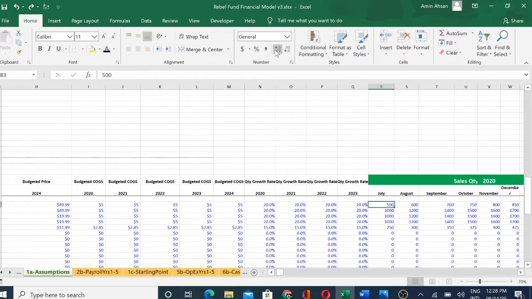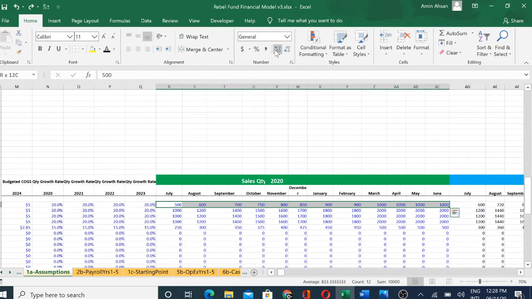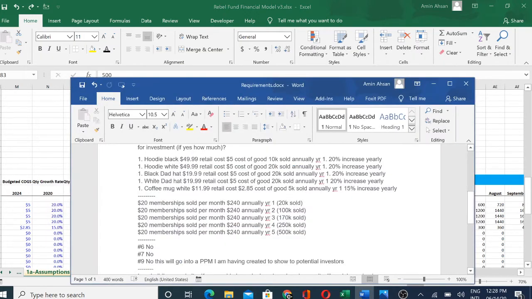Now you can see that this is the sale quantity. You have told me that the total sale quantity for the first year, 2020, will be 10,000 for the first product.